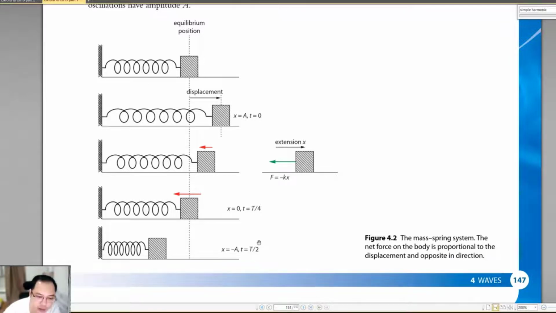After half a period, it is exactly on the opposite side with the greatest displacement, now negative amplitude on the other side. One period is the time for a complete oscillation from this initial position to the left and then return to this position again.